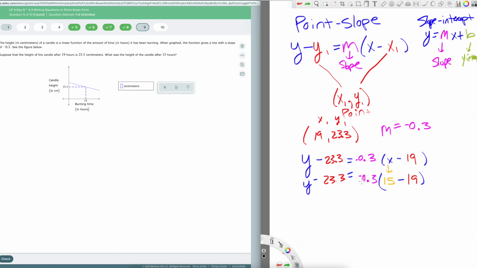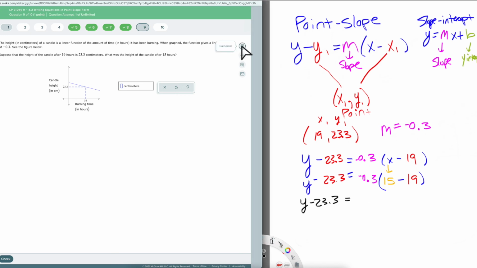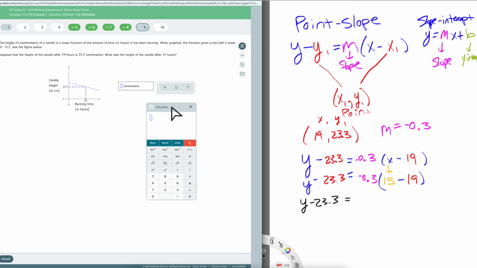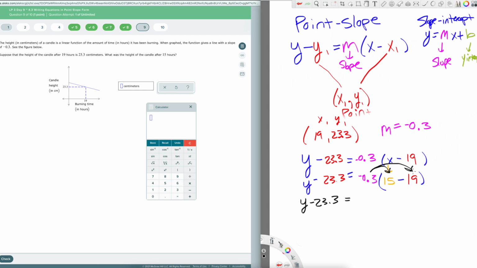So first, I'm going to simplify this. We can see they open the calculator up for us, which is nice when they have the calculator open. So I want to distribute this guy here, so that I can get rid of that parentheses there. 15 times negative 0.3.